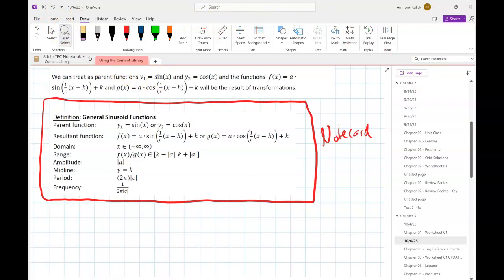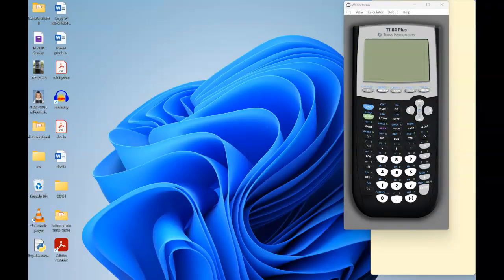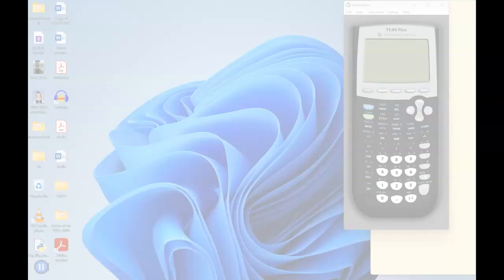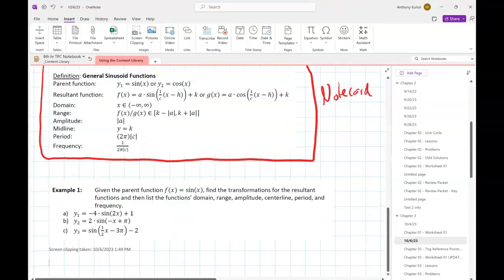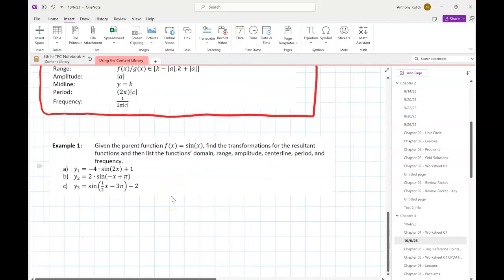Let's do a couple of examples now. So this example says, given the parent function f of x equals sine x, find the transformations for the resultant functions, and then list the function's domain, range, amplitude, centerline, period, and frequency.